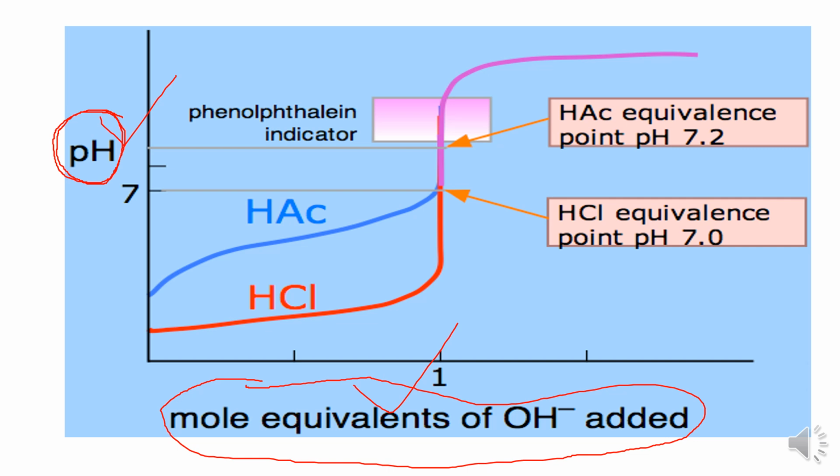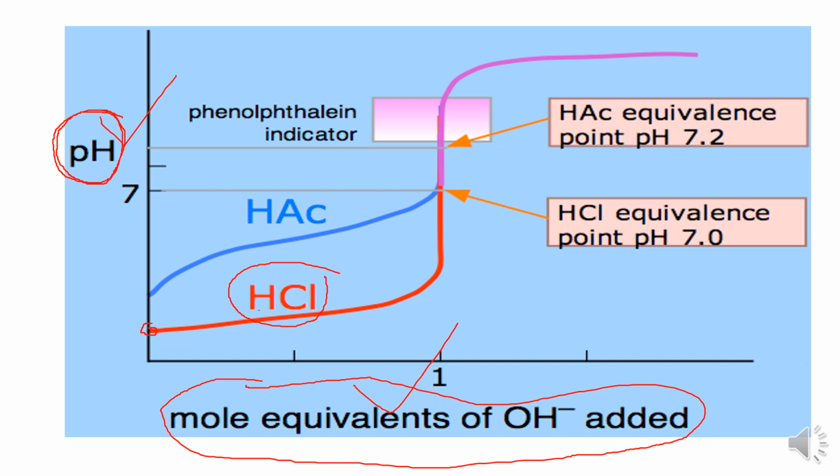In case of strong acid and strong base, here HCl is a strong acid. Initially the pH of the solution kept in the conical flask is very low, nearly 1. HCl is kept inside the conical flask, and from the burette, drops and drops of the base are added continuously.